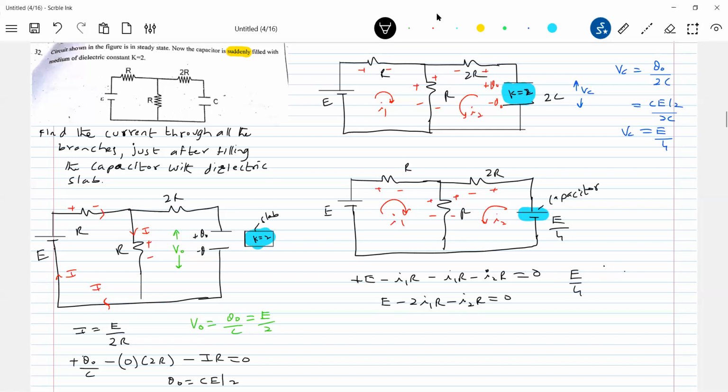Plus E by 4 minus I2R minus I2R minus I1R equal to 0. So this is E by 4 minus 3I2R minus I1R equal to 0. Solving 1 and 2 will give expressions for I1 and I2. Once I know I1 and I2, I'll get the current in all the branches.